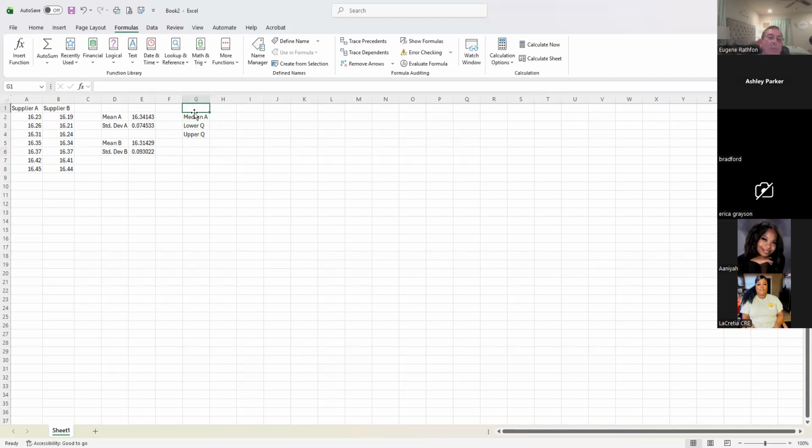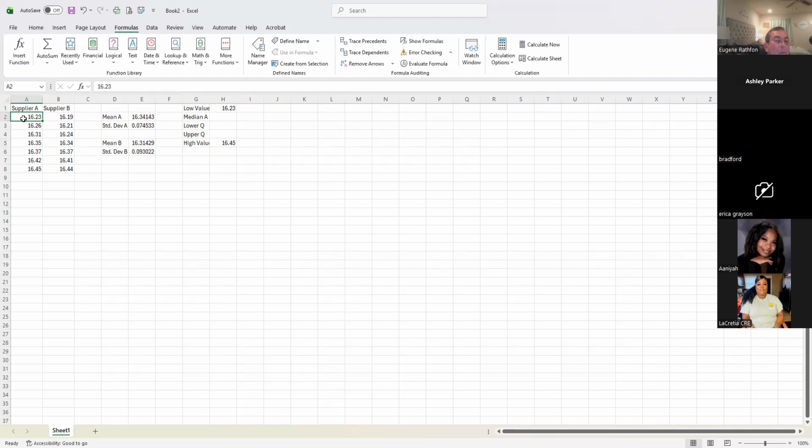And I guess if you wanted to put your low value here, you could. The low value. And then we can come up here and put our high value. All right, so we said the low value was 16.23. And our high value down here was 16.45.